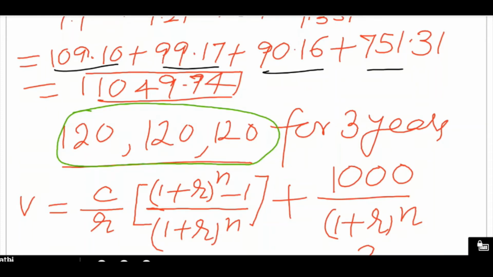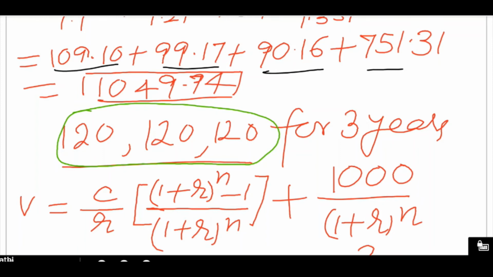We can use the formula C by R, times 1 plus R to power n minus 1, divided by 1 plus R to power n. If you have any confusion regarding the annuity, please refer to my video on annuity. And 1000 rupees we are getting back at the end of the year, so divided by 1 plus R to power n.